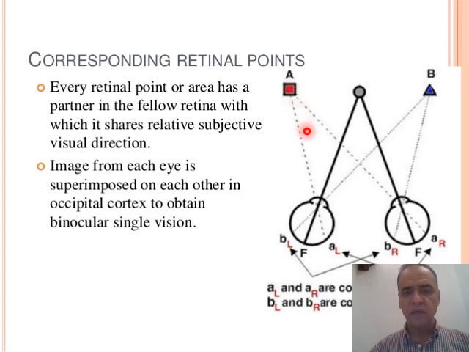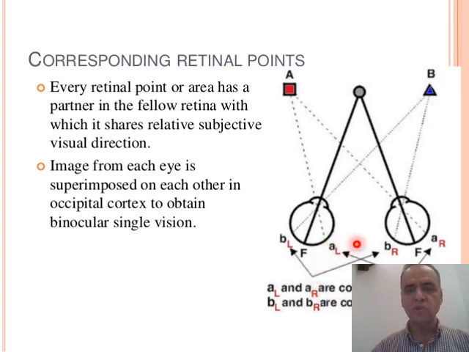This is the basic requirement for binocular single vision and corresponding retinal points: each point in the right retina corresponds to another point in the left retina, and those two points, for example AR and AL, send impulses to one area in the occipital cortex.